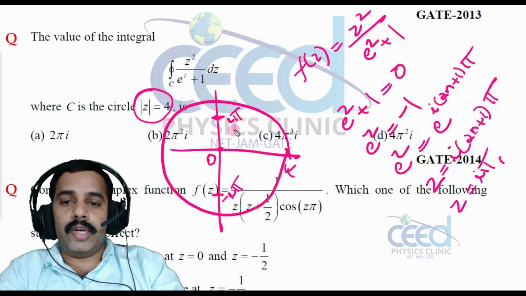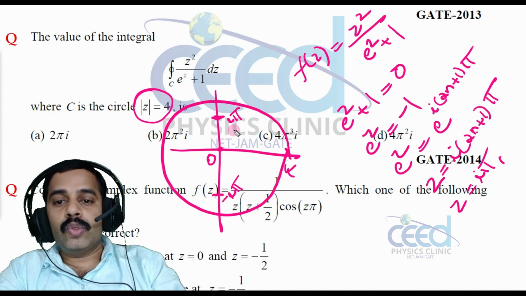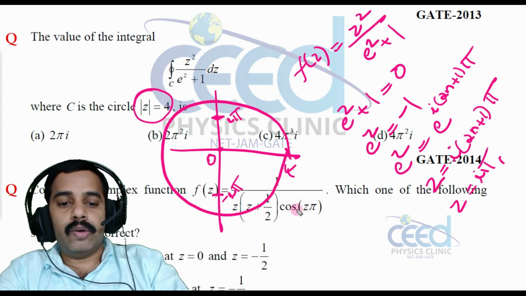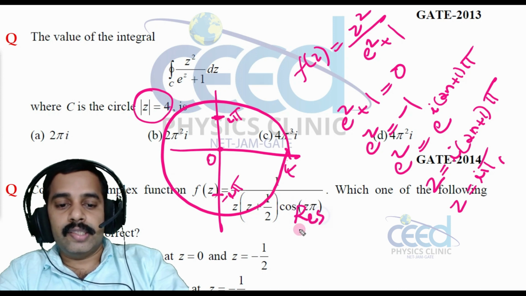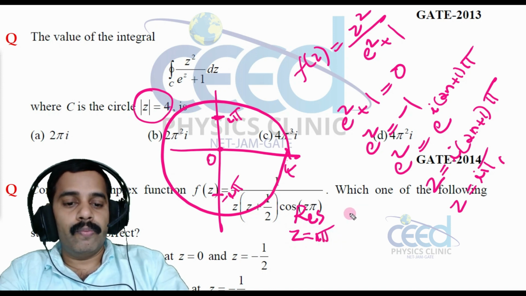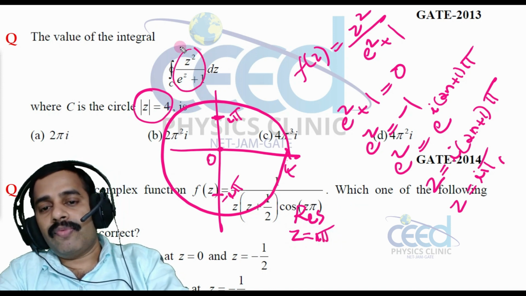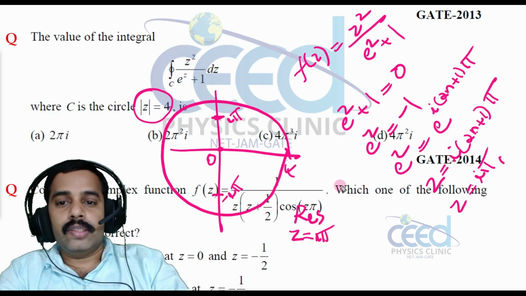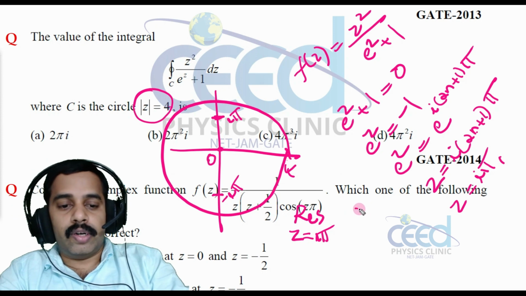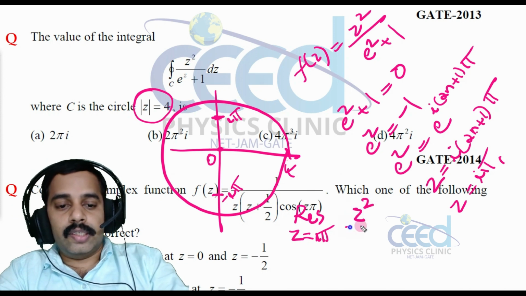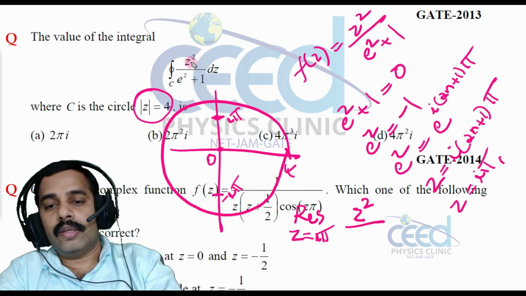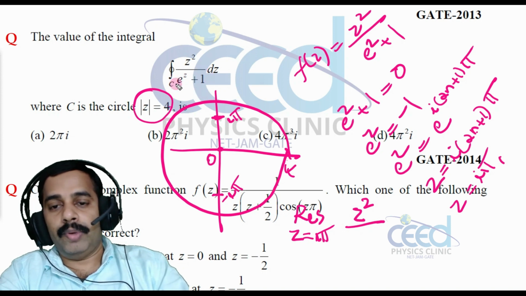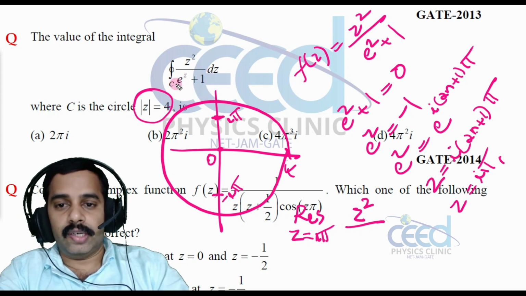Now we can find the residue at z is equal to i pi first, that is a simple pole. For a function given in this format, z square divided by e raised to z plus 1, we can calculate the residue by differentiating the denominator, which we have already discussed in theory.